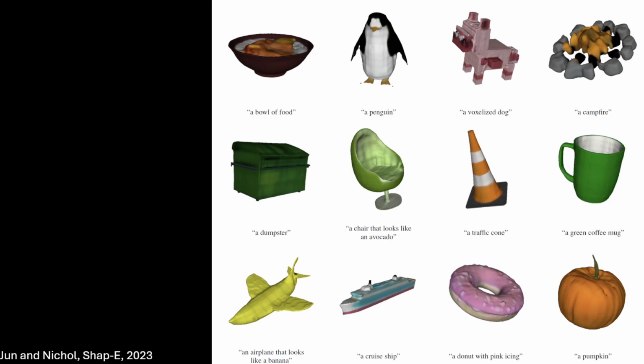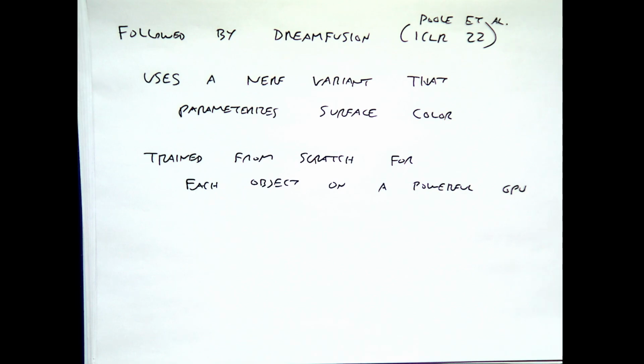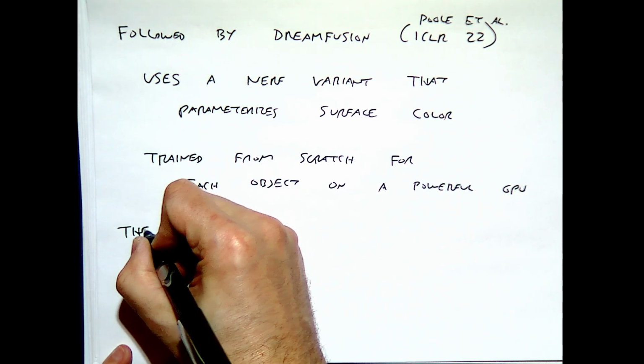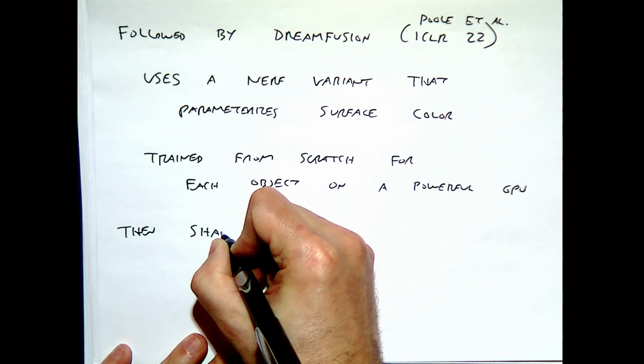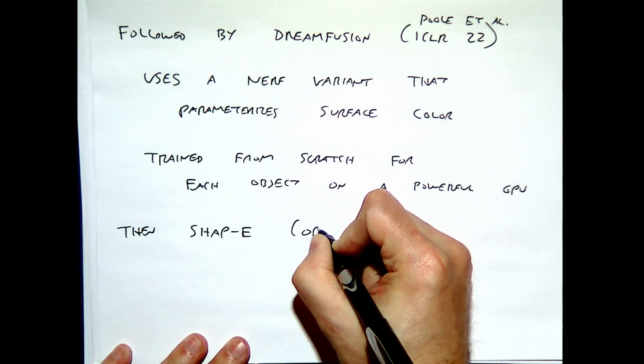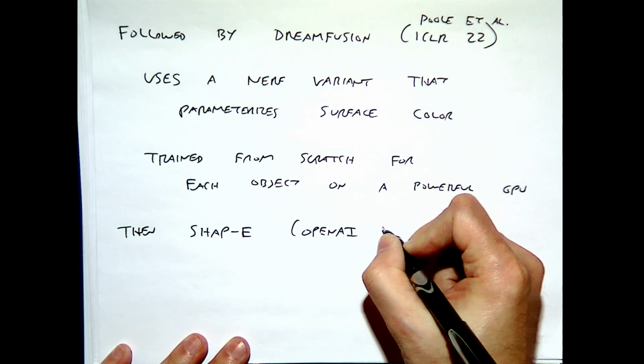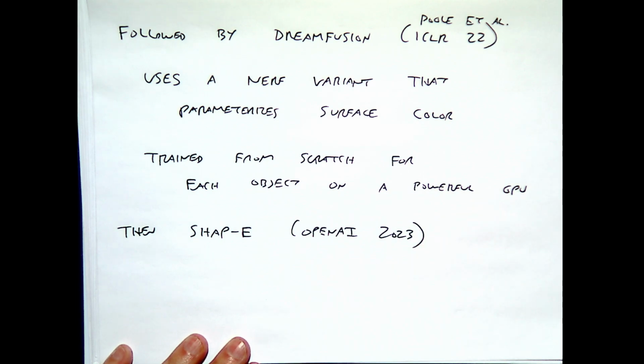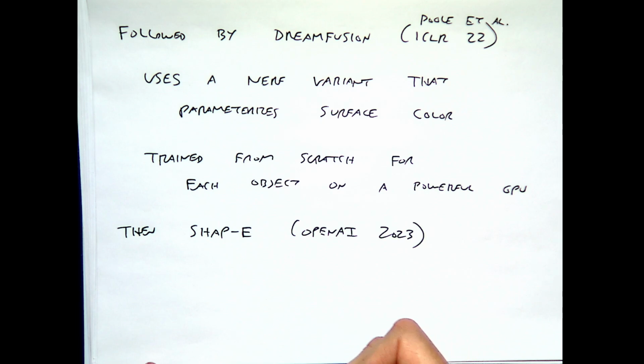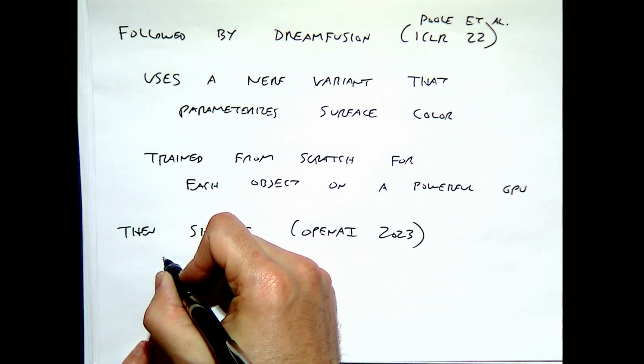Let me just say in my written notes that what we're talking about now is Shapey, which just came out earlier this year. This combines a bunch of things, right? It combines representations and latent diffusion in a way that is computationally very fast.